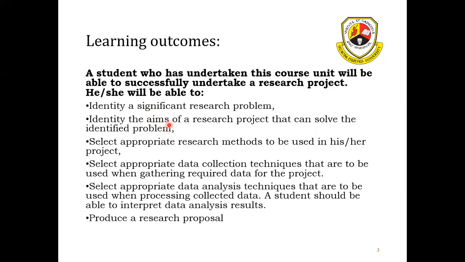What is a research problem? What is a research objective or research objectives? How should they be phrased? What are the key principal guidelines for formulation of research objectives? Now, take note, it is you, the individual, who is going to identify the research problem.